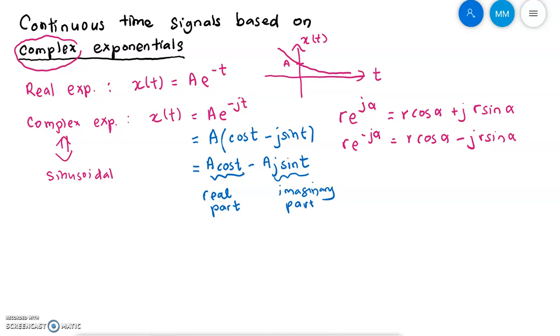Only after we separate the real part and the imaginary part can we sketch the graph of this complex exponential function based on its real part and also its imaginary part.